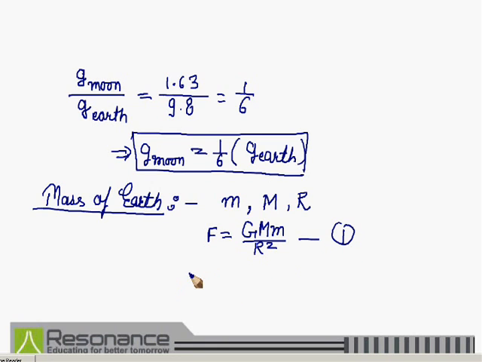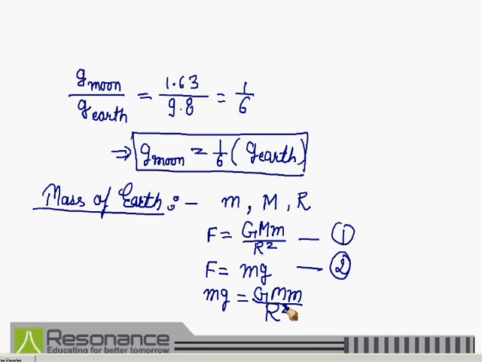And we also know from Newton's second law of motion, force is given by m into g, where m is the mass of the body and g is the acceleration due to gravity. Now, by comparing these two equations, we get mg equals G M m upon R square.